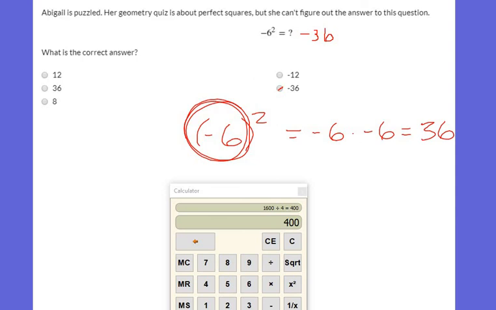It gave me a totally different answer. This says whatever 6 times 6 is, we're going to make it negative. So 6 times 6 is 36. We make it negative. It's a negative 36. So you have to watch your signs.